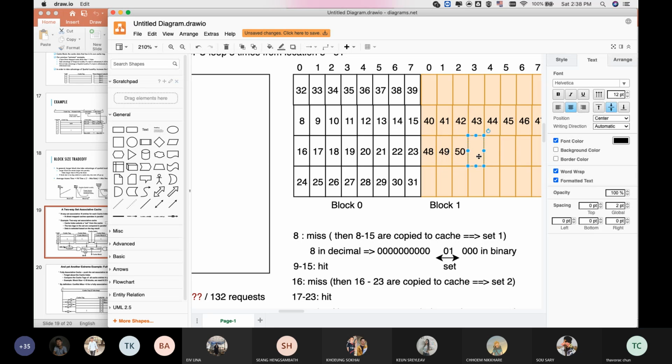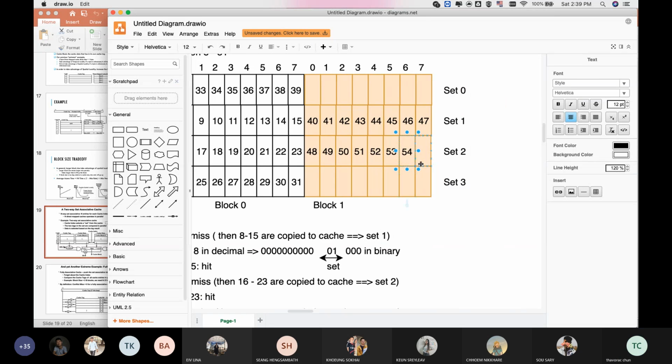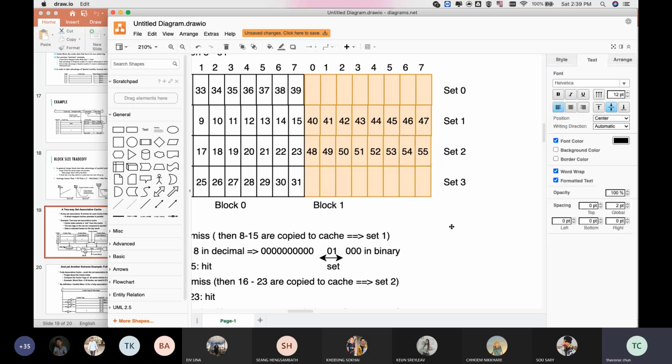Now actually, the CPU may request only up until here.